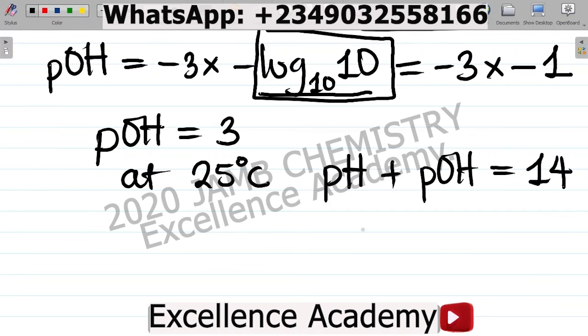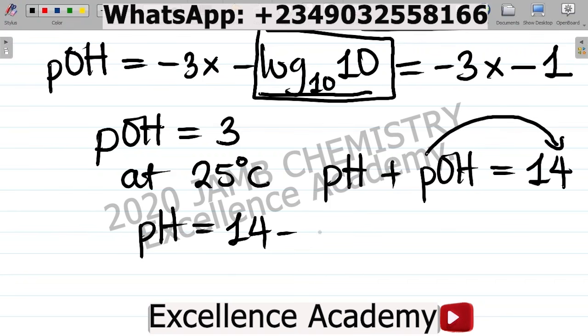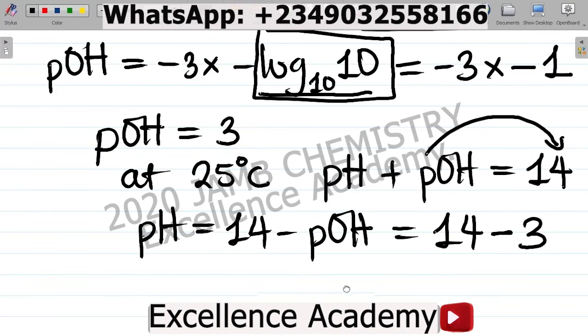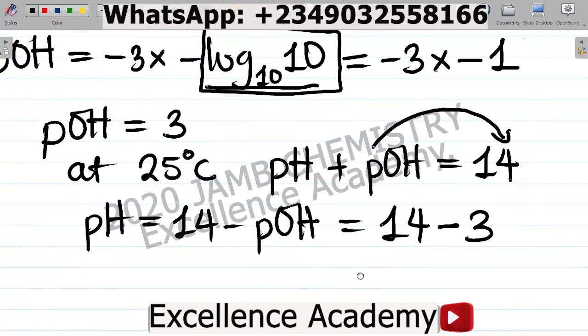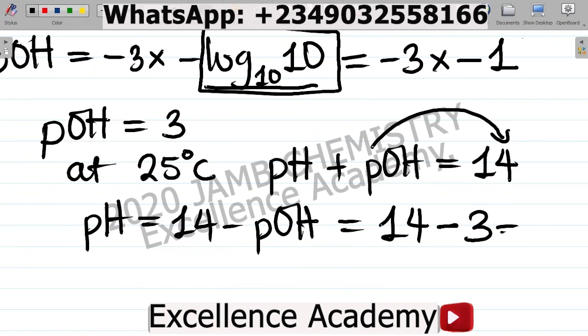So from here, to get pH, the pH will be equal to 14 minus pOH. The value there is 3. So 14 minus 3 is equal to 11. So it means that the pH is actually 11.